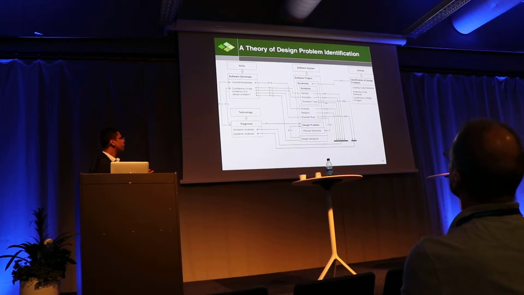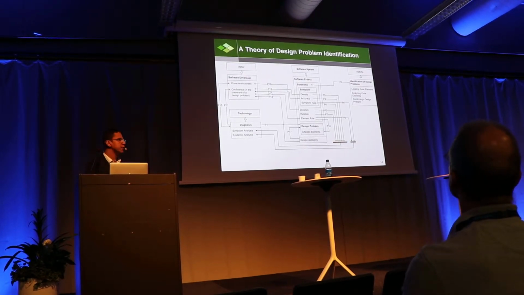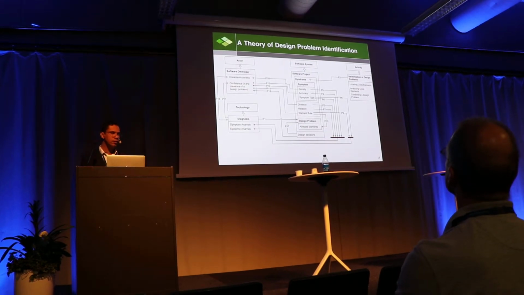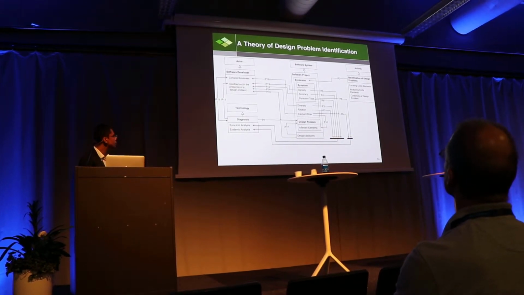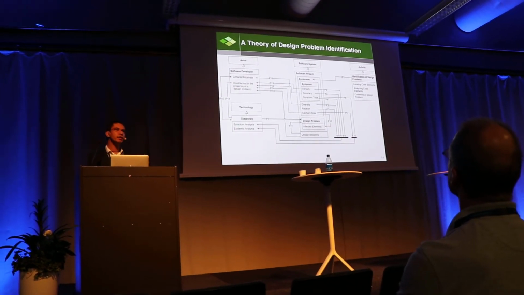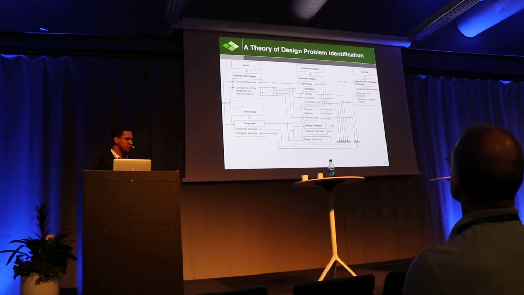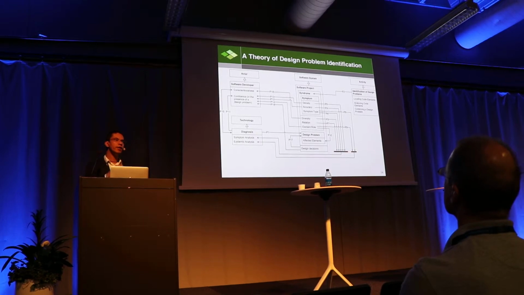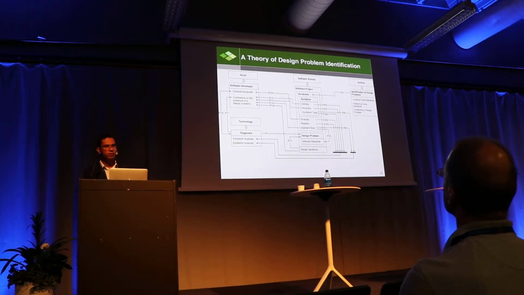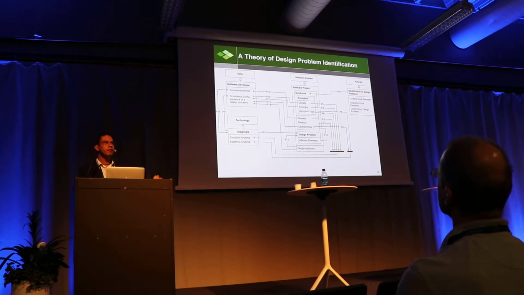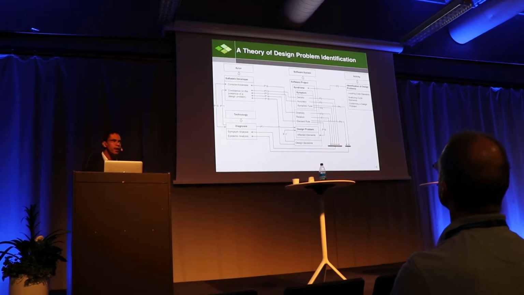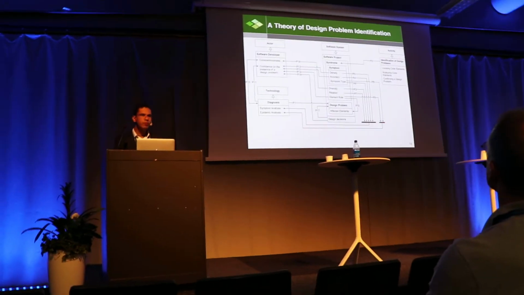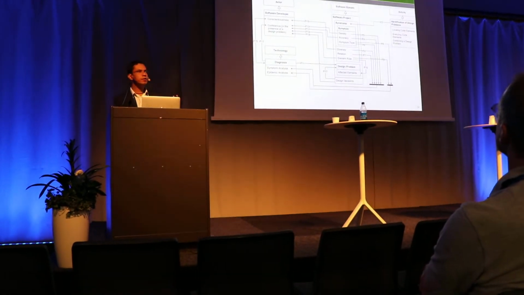And this is a visual representation of this theory. So our theory contains 15 constructs, 18 propositions, and 27 explanations for these propositions. And all these constructs explain different parts of the identification of design problems: the activities the developers do, human factors, how they conduct the analysis, the types of symptoms.